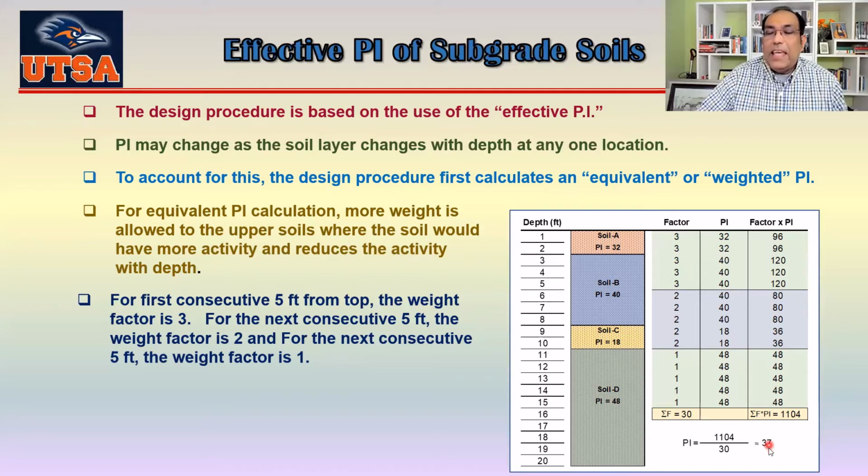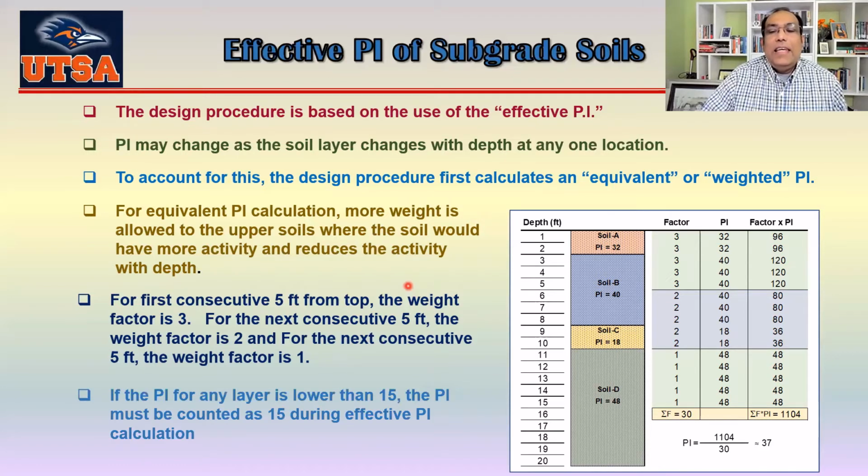Once we get the weighted PI, there are some corrections for that, for two reasons. First of all, if the land has any slope, or the unconfined compressive strength of the subgrade soil. I'm going to discuss that in the next slide.